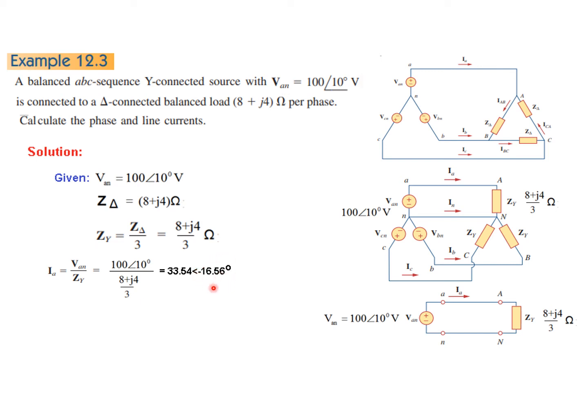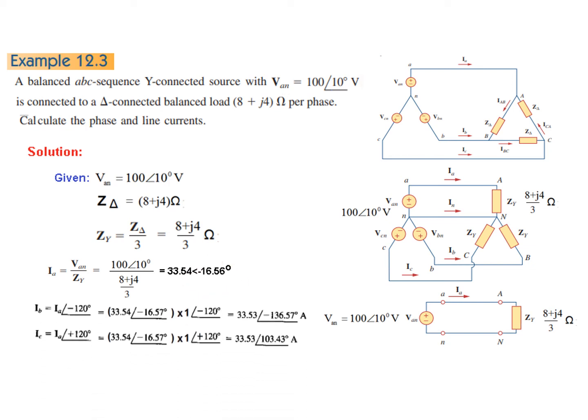So IB will be IA at minus 120, so we just add minus 120. So this will be the answer, and IC will be IA at plus 120 or minus 240. And by solving here, you get this angle. So these are the three line currents.